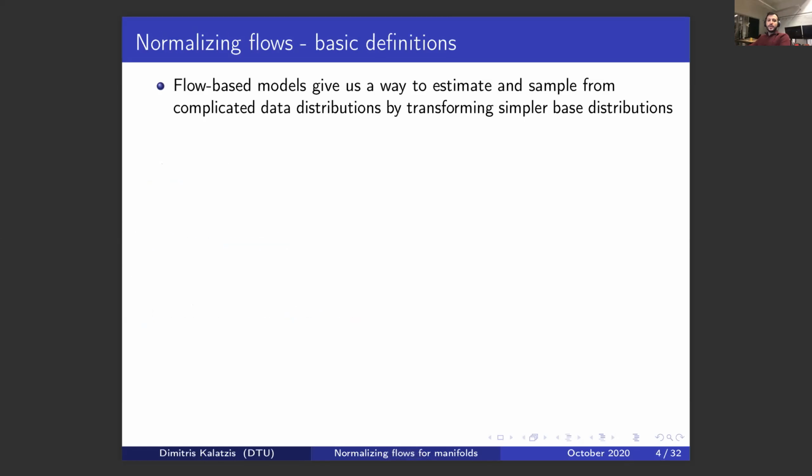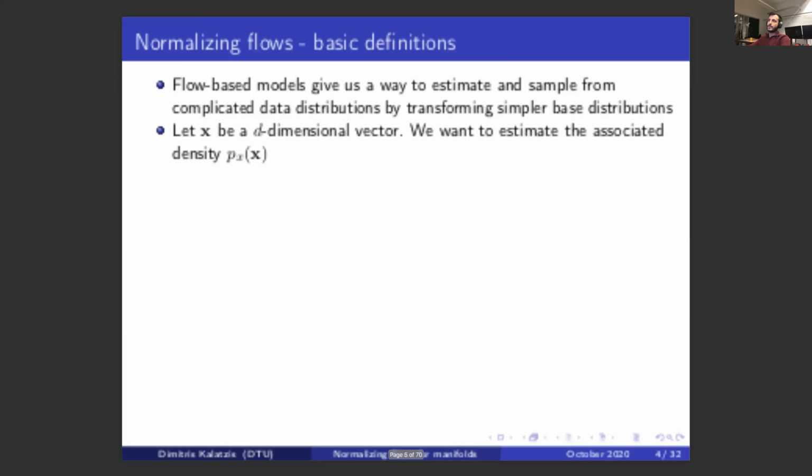So normalizing flows allow us to estimate complicated probability distributions and, depending on the use case, build samplers for them by taking a base distribution that is easy to evaluate and sample from and transforming it into the data distribution.